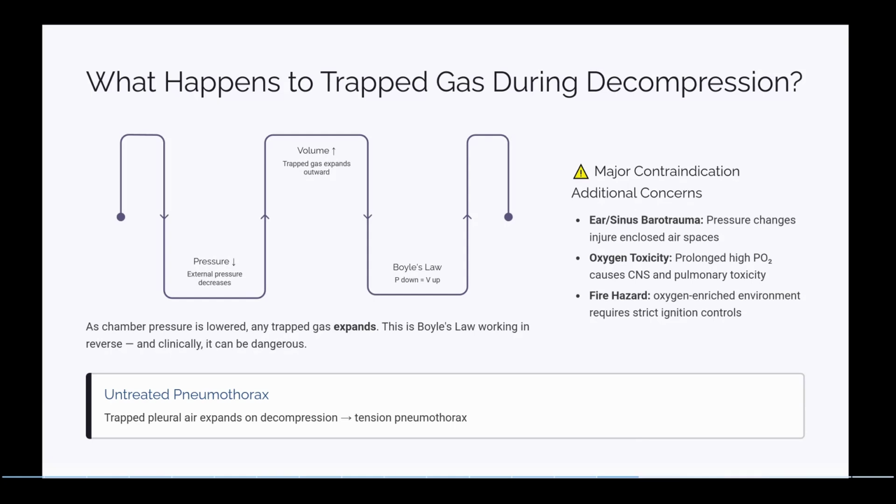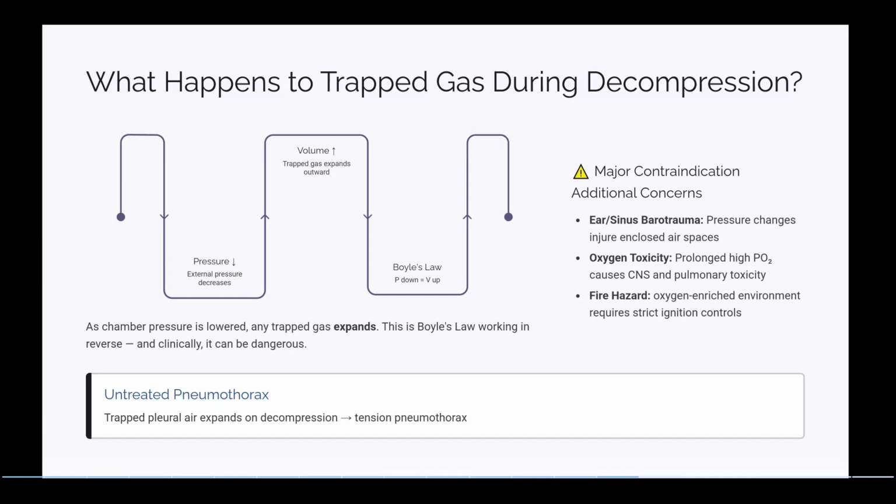During decompression, as pressure around the patient drops, the trapped air expands, and expanding air in an already tight space can push toward a tension pneumothorax. And that's a genuine emergency. That's why the untreated pneumothorax is considered an absolute contraindication to hyperbaric therapy. Everything else we might worry about is a relative concern, weighed case by case.